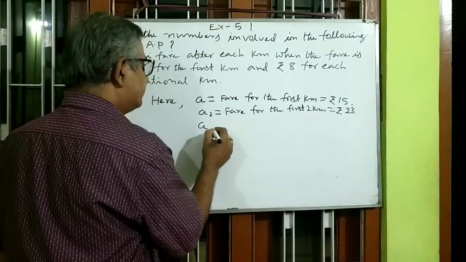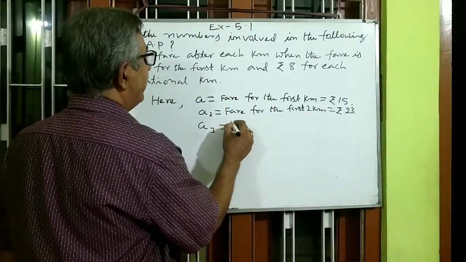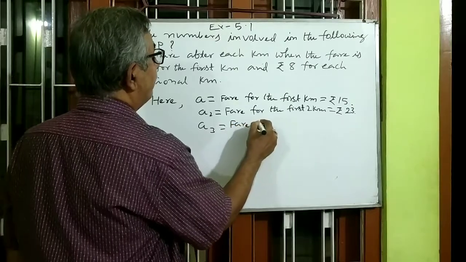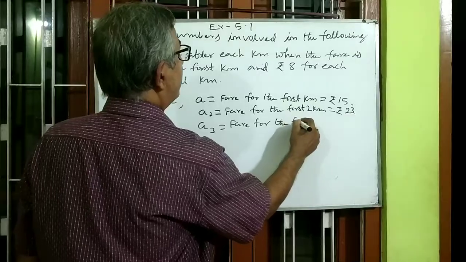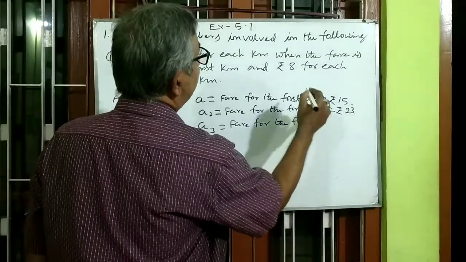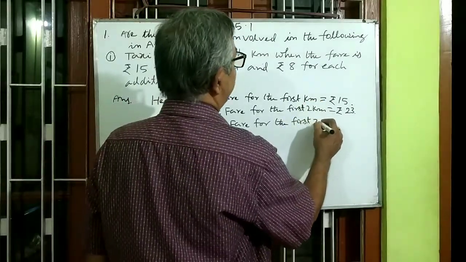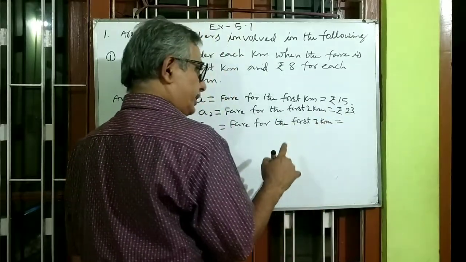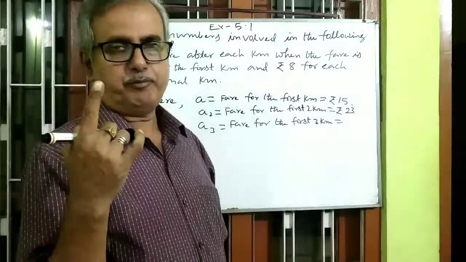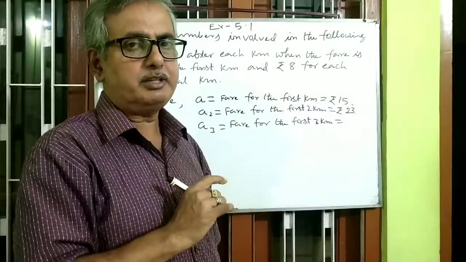A3 means what? The fare for the first 3 kilometers. How much will it be? For the first kilometer you are getting 15.